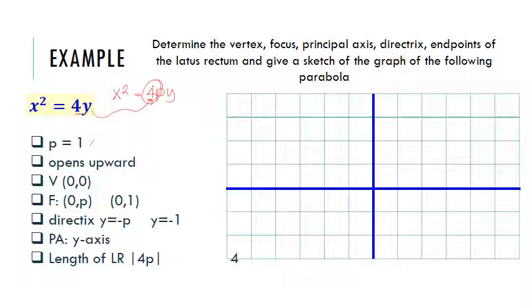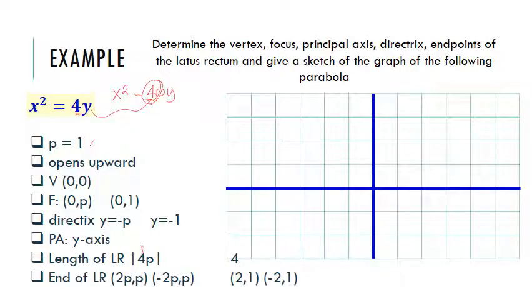Ang ating p ay 1. So, 4 times 1 ay 4. End ng latus rectum, ayan. So, this is 2 times 1, 1. Kaya (2, 1). Negative 2 times 1, 1. Kaya (-2, 1). Now, let us plot.